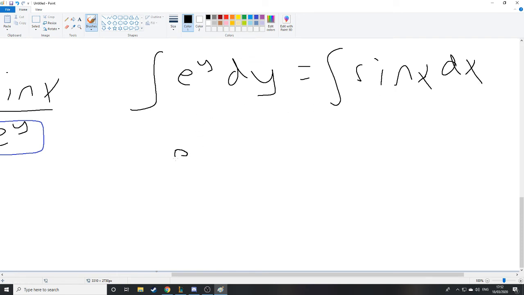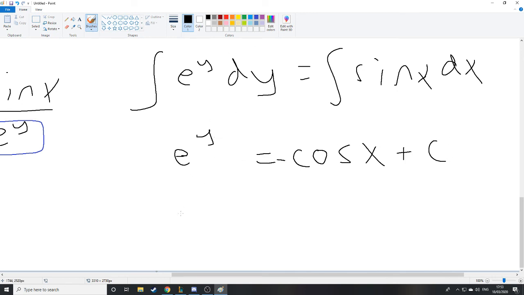So, e to the y just integrates to itself and sine goes to minus cos. And then we're going to add our constant c.